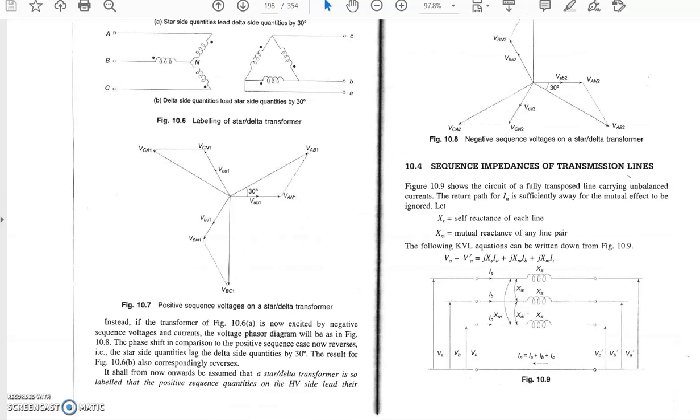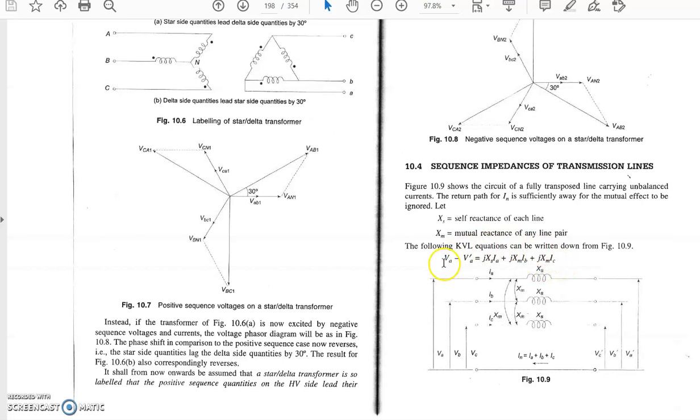So when we supply the unbalanced currents IA, IB, IC, what will the condition become here? We will write the KVL equation. From the circuit, VA minus VA dash is equal to jXS into IA plus jXM into IB plus jXM into IC.